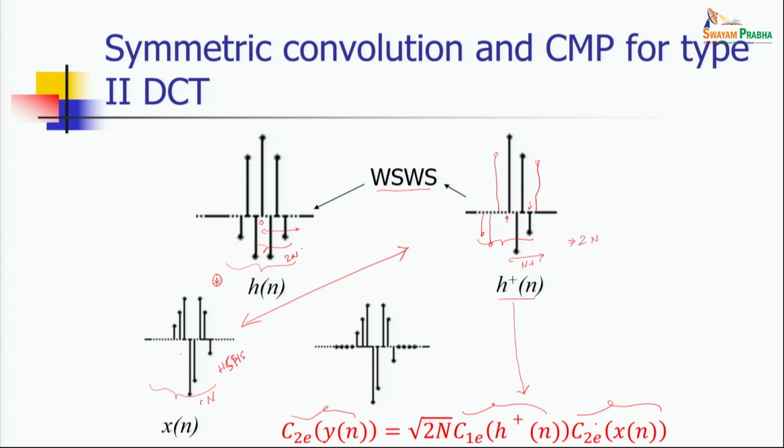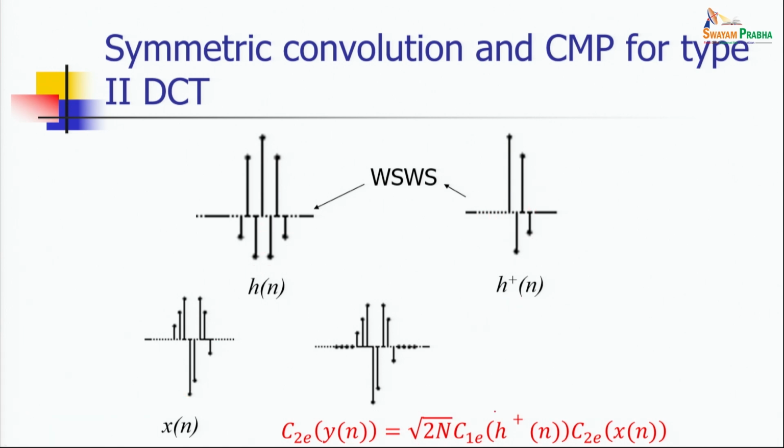Since this is also periodic, it is sufficient that only the first N DCT coefficients of the type 1 DCT of h+[n] are multiplied respectively, pointwise, with the N type 2 DCT coefficients. And note also this factor, which comes from the DCT expressions we have used, to get it into proper scaling.